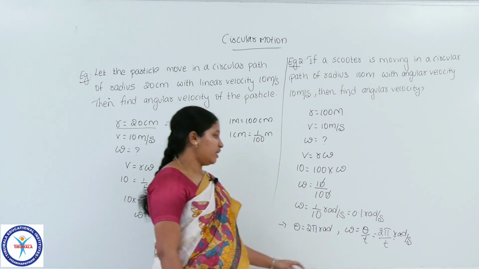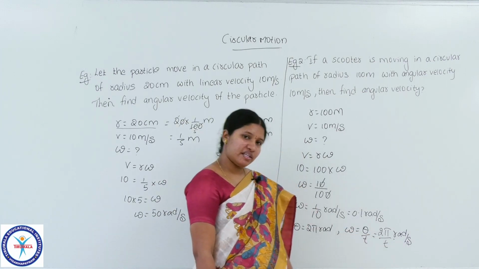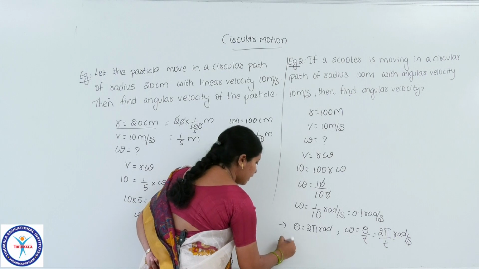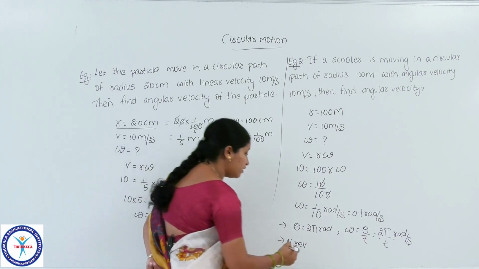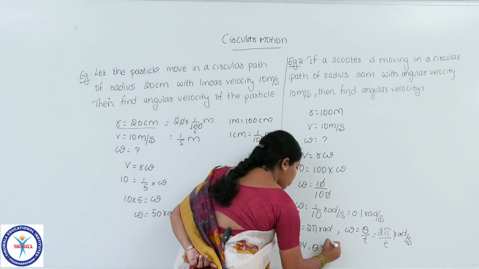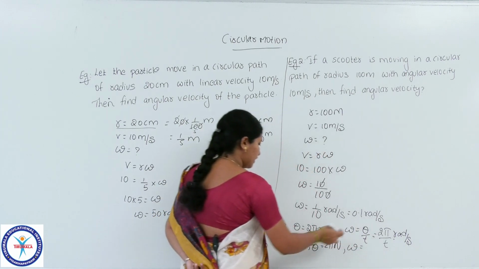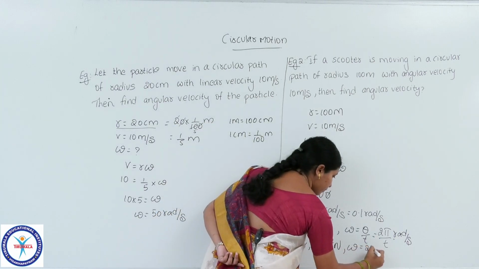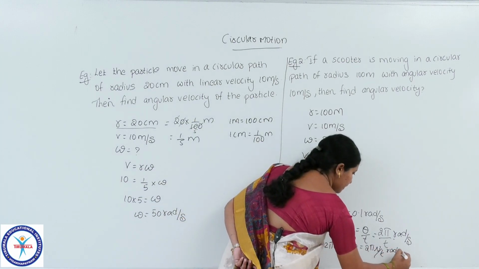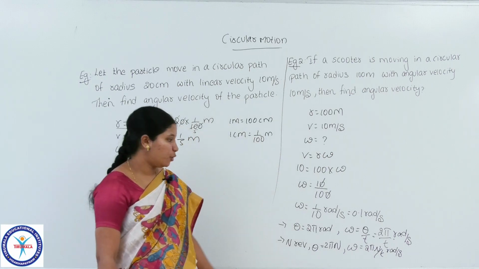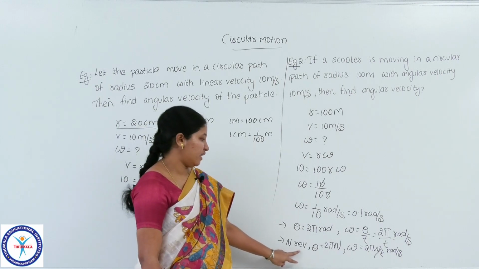So the angular velocity if a particle makes one complete revolution is 2 pi by t radians by second. Suppose a particle makes capital N revolutions, then the angular displacement theta is equal to 2 pi into capital N. So from this the angular velocity is, what is the theta value here? 2 pi N by t. What are the units? Radians by second. So the angular velocity is 2 pi capital N by t radian by second if a particle makes capital N revolutions.